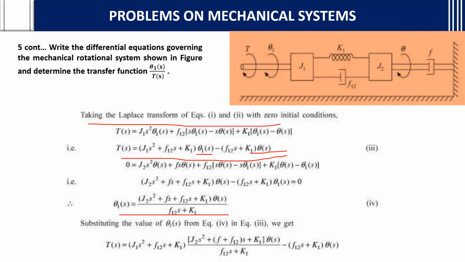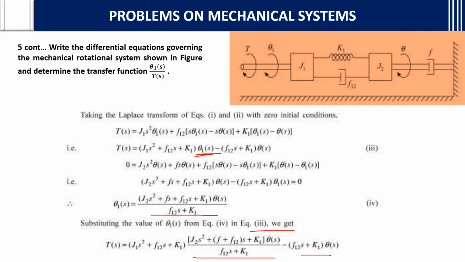You will get the theta 1 of s value. Substitute this in the third equation, that is, substituting theta 1 of s from equation 4 into equation 3. What will we get? T of s is equal to J1 s square plus f12 s plus k1 into the theta 1 of s value, which is this value. You will substitute that, minus f12 s plus k1 into theta 2 of s.